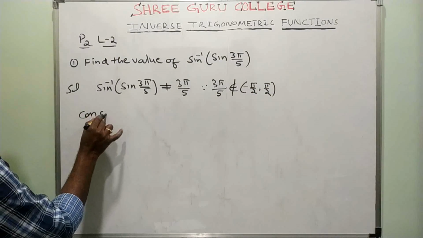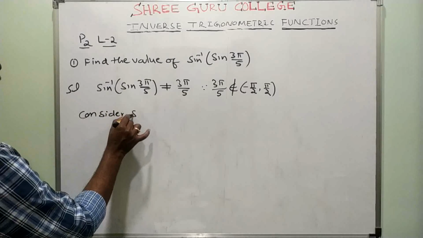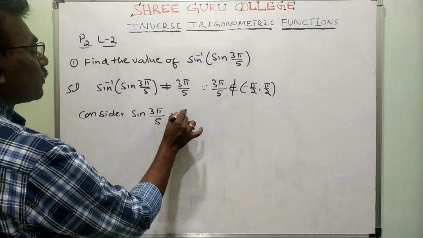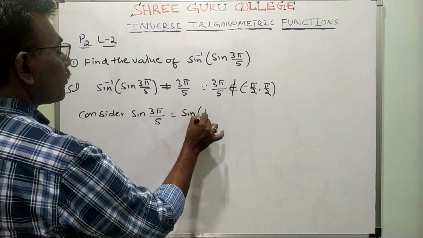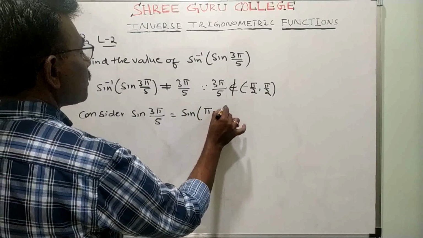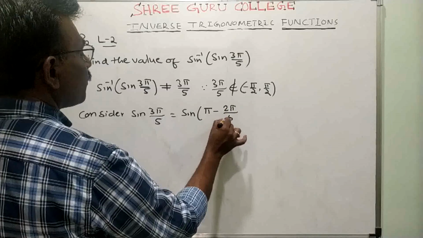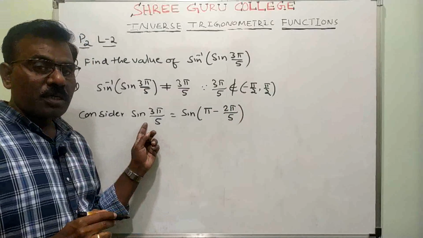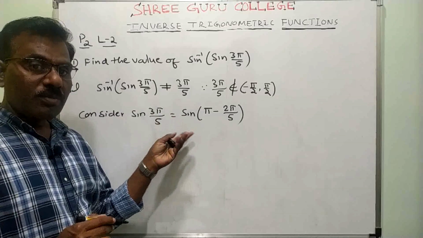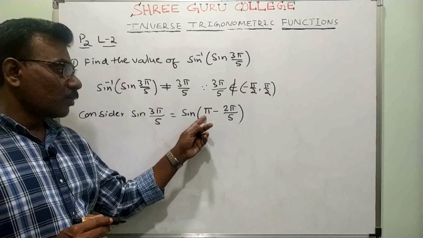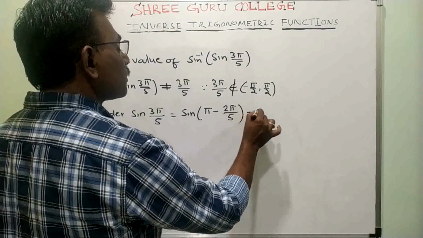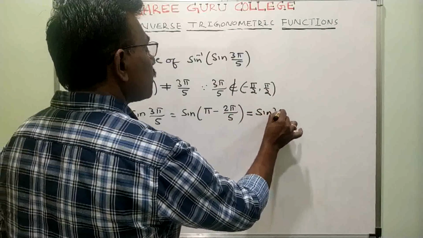Consider sine 3 pi by 5 equal to sine of pi minus 2 pi by 5. For sine 3 pi by 5, you should take the allied angle, 180 minus theta, pi minus 2 pi by 5, which is 3 pi by 5, equal to sine 2 pi by 5.